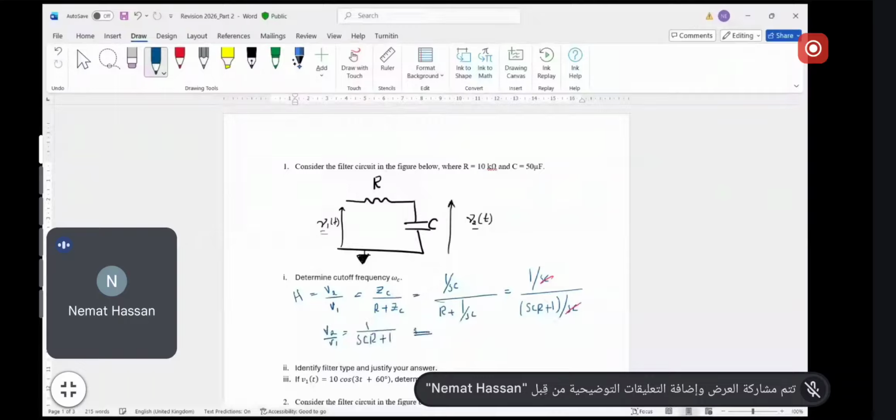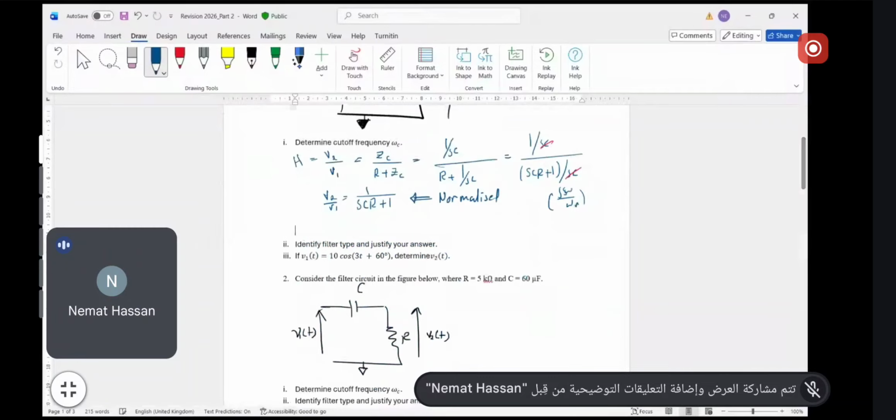This looks like the normalized form of a filter transfer function, right? Where we have S over, or J omega over, omega N, or omega C here in that case, which means that the cutoff frequency is equal to what?